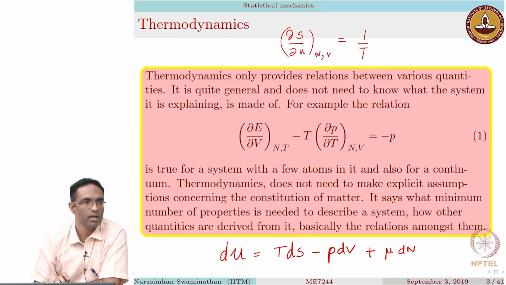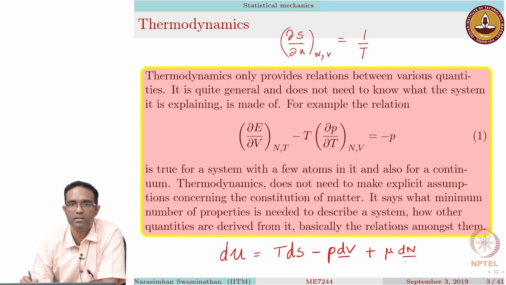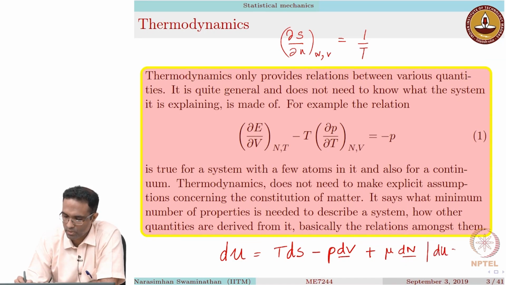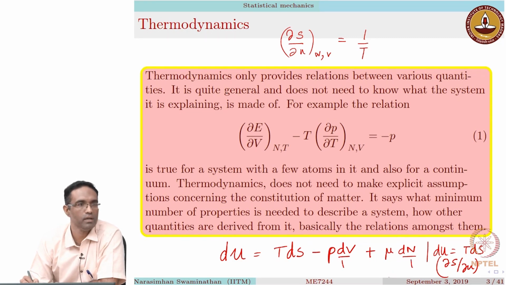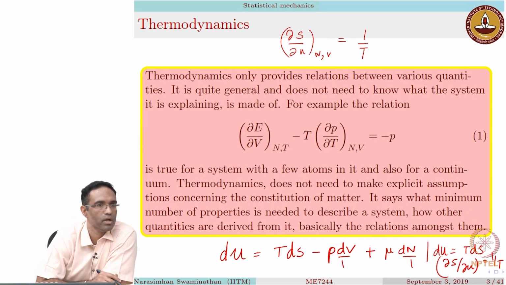So let's try to write down this relationship. You see that I'm keeping volume as a constant and the number of species as a constant. So dU is equal to T dS, or ∂S/∂U when volume and number of species of the material are kept constant gives this thing called 1/T, which is temperature, right?